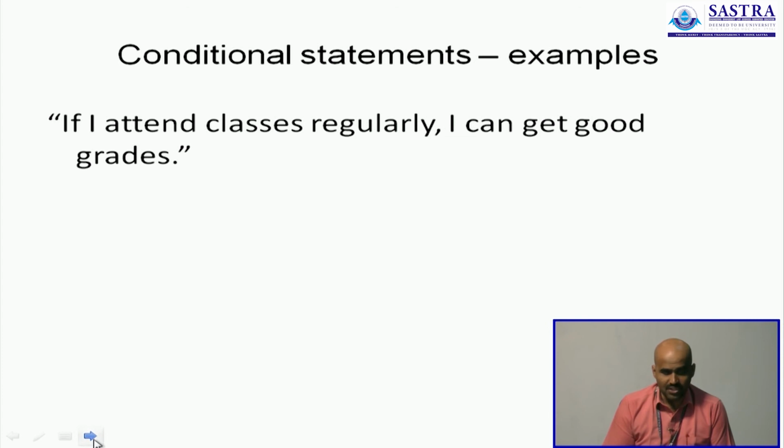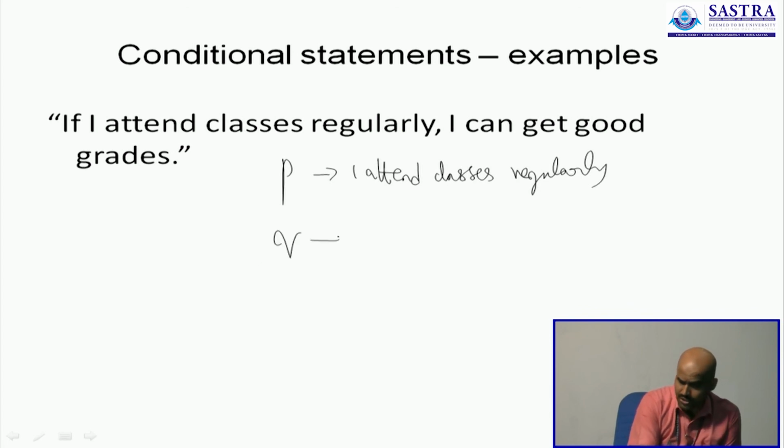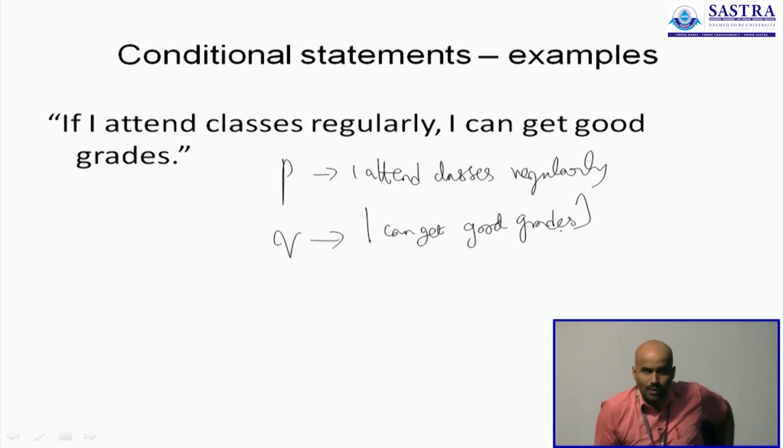Another example on the screen is similar. You can understand this. Let P denote the fact that I attend classes regularly, and Q denote the statement that I can get good grades. Now how does this make sense?